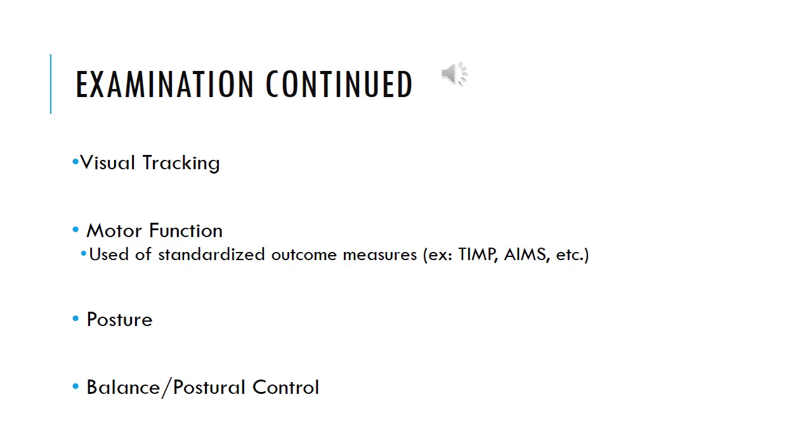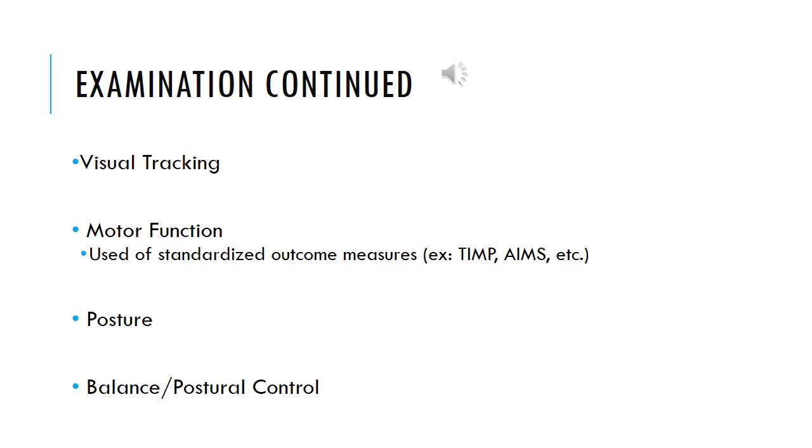You could use a variety of standardized outcome measures to gauge where the child is functioning motorically based on the age of that individual at the time of the evaluation. You'll want to take a look at that infant's posture within the positions that that child most frequently occupies. So you may be doing that in a seated position or in a prone or supine position as it relates to any asymmetries.